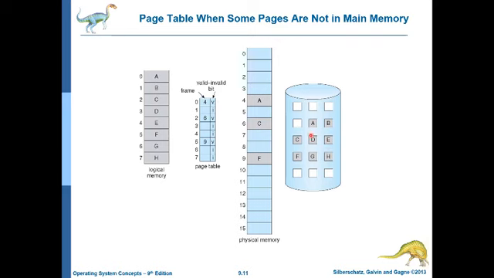Maybe you say that this page D is here, so you will write D here, and then 3, okay. Where should you put 3? Somewhere here.